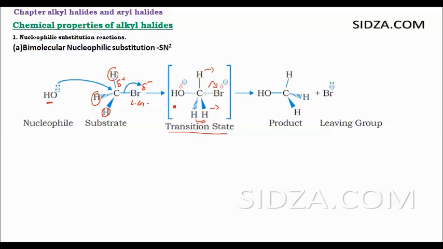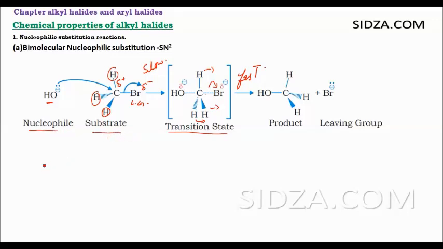When the transition state has been formed, it quickly converts into the product. This is quite fast. However, the formation of the transition state is slow, and the rate determining step is the slowest step. So the rate of the reaction depends on the formation of the transition state, which involves two substances, the nucleophile and the substrate, the alkyl halide.